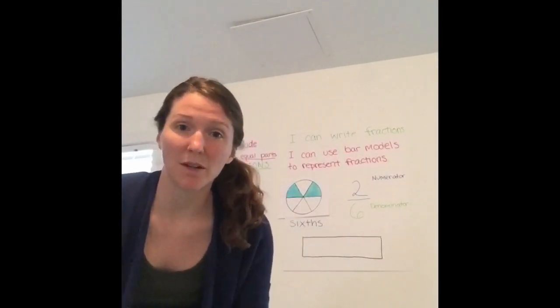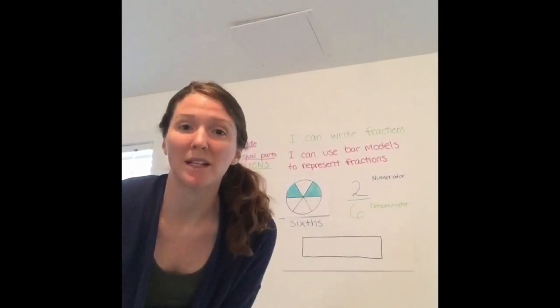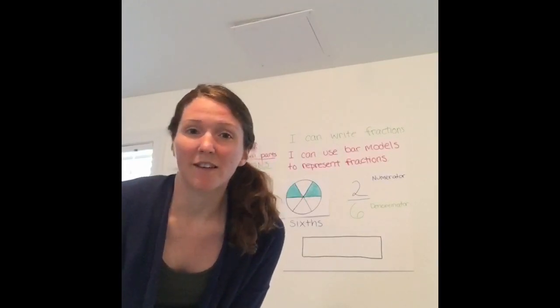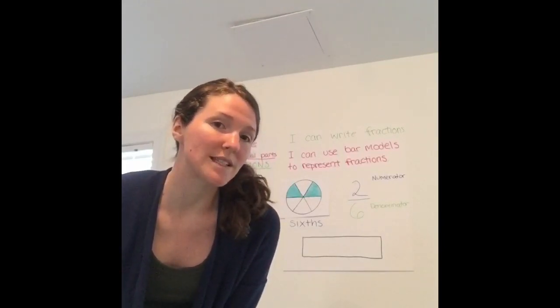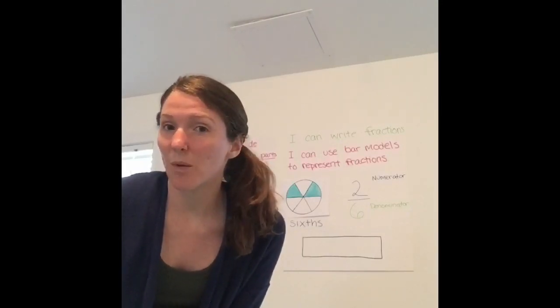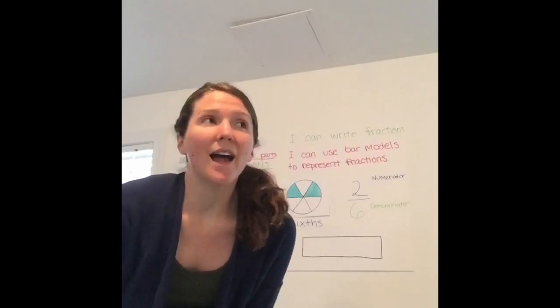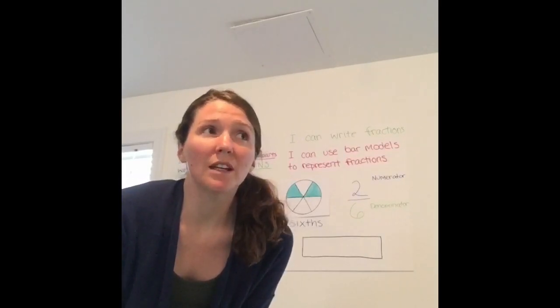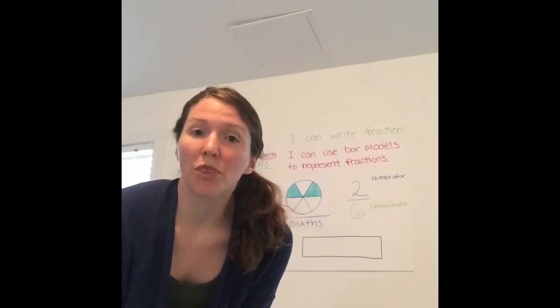The number down on the bottom, the denominator, tells you how many equal parts the whole needs to be divided into. All right, so dividing a whole into sixths is tricky because you need to divide it into 6 equal parts. I know that 3 equal groups of 2, so 3 times 2 equals 6.